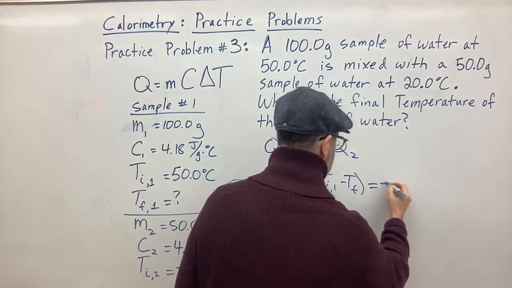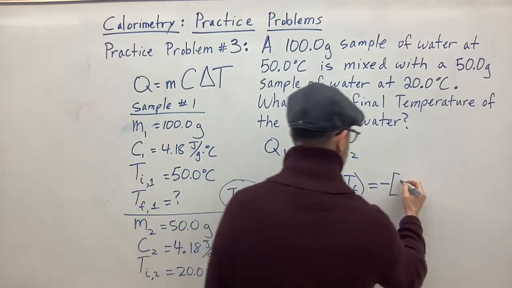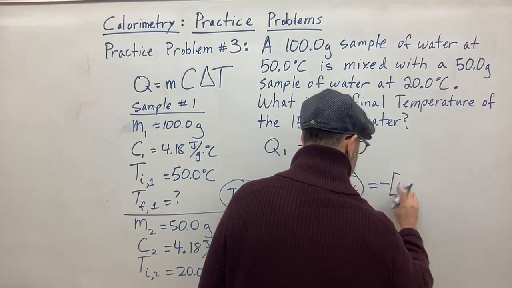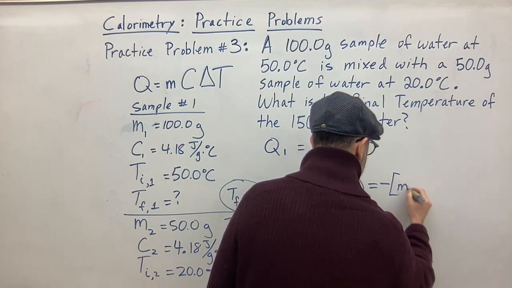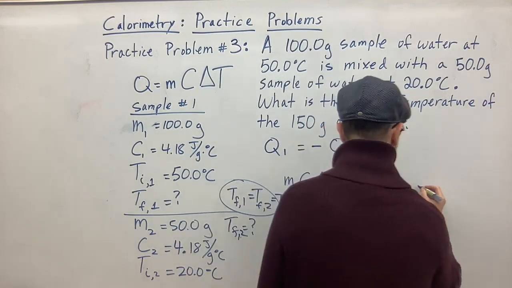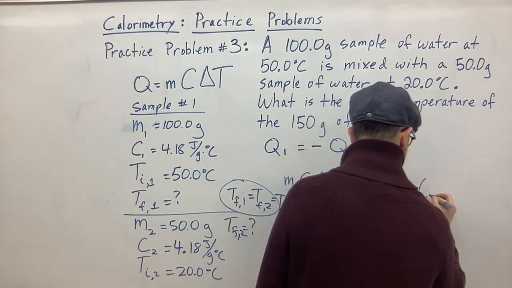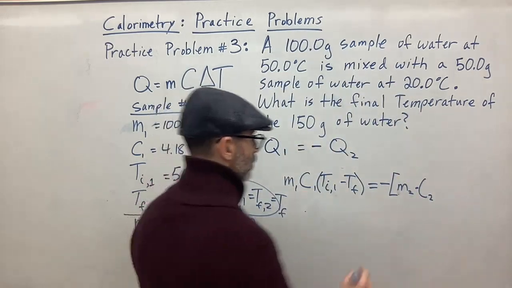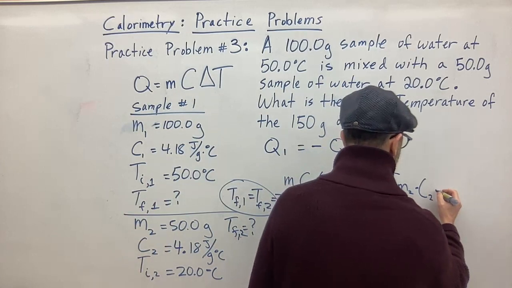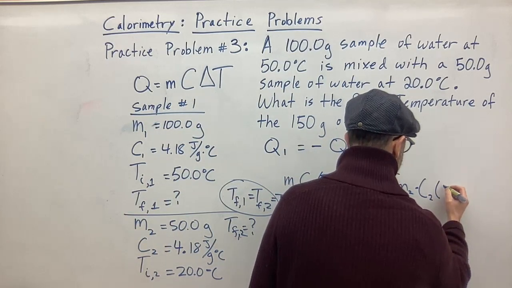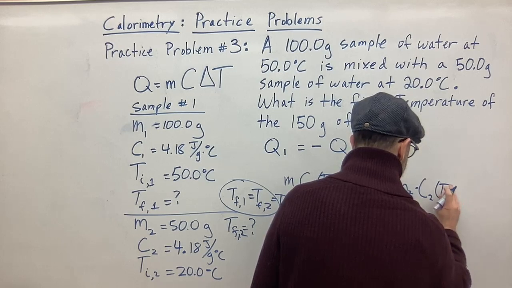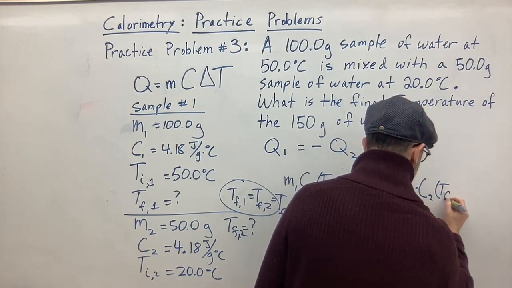And that's going to be equal to the negative of the mass of sample 2 multiplied by the specific heat of 2, which is going to be the same because they're both water, multiplied by the final temperature minus the initial temperature.